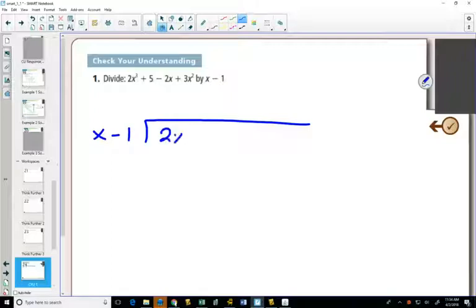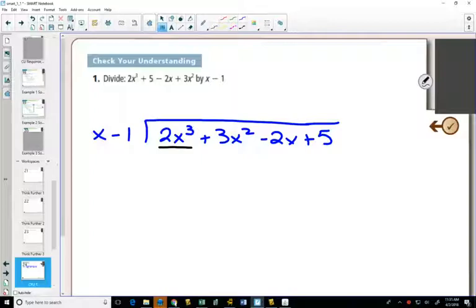The biggest value is 2x cubed, then 3x squared, then 2x, and finally plus 5. We need to write that in the correct order so that when we start, looking from left to right, we can clearly see that 2x cubed is our biggest value.